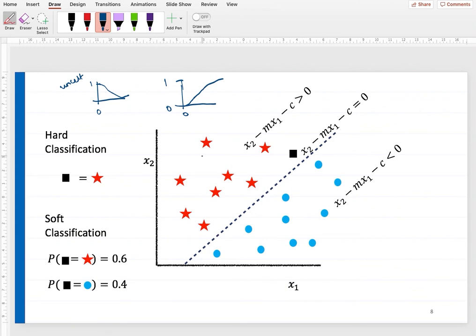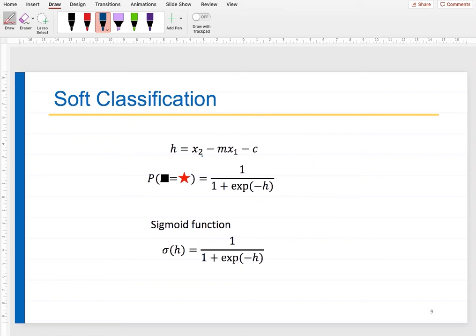Okay, how can we do it mathematically? So this function is used, 1 upon 1 plus exponential of minus h, where h is x2 minus m x1 minus c. So technically this is called a sigmoid function. A sigmoid function does the thing. So let us look at some examples.